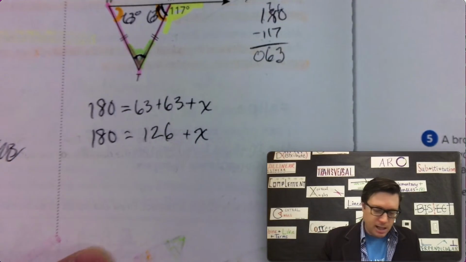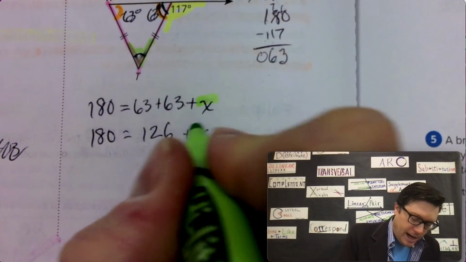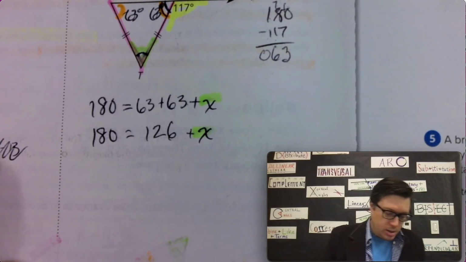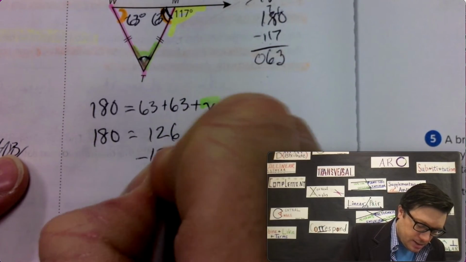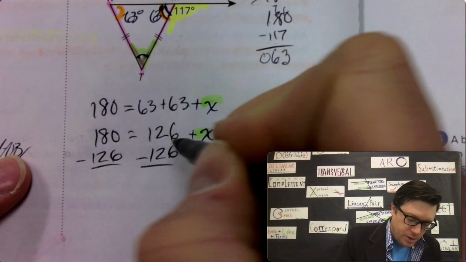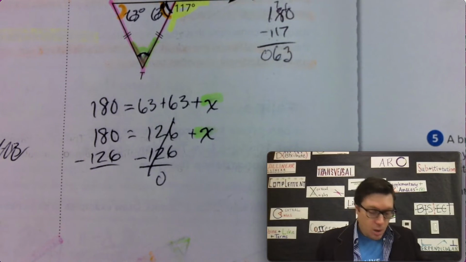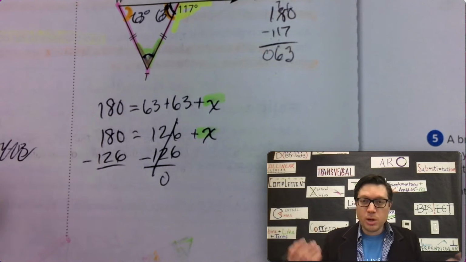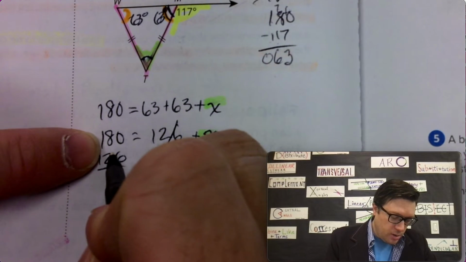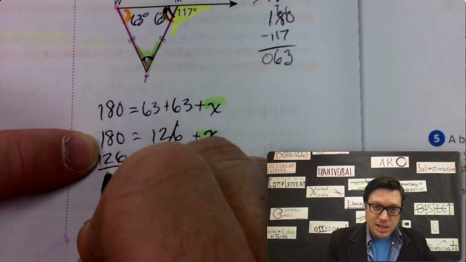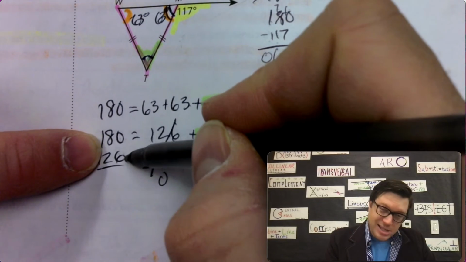To get x by itself, I'm going to subtract 126 from both sides. Those become 0 because I subtracted it from itself. What is 180 minus 126? Well, let's do this without a calculator. So, yeah, sure, 8 minus 2 is 6. However, 6 is bigger than 0.